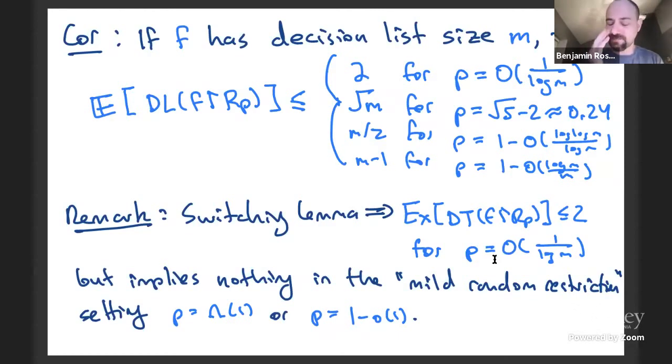In fact, even the expected decision tree size is at most a constant. But the switching lemma doesn't imply anything in the setting where p is a constant or p is close to 1. This setting is sometimes called mild random restrictions, and results in this setting are important and have applications in de-randomization, Boolean analysis, and DNF sparsification.